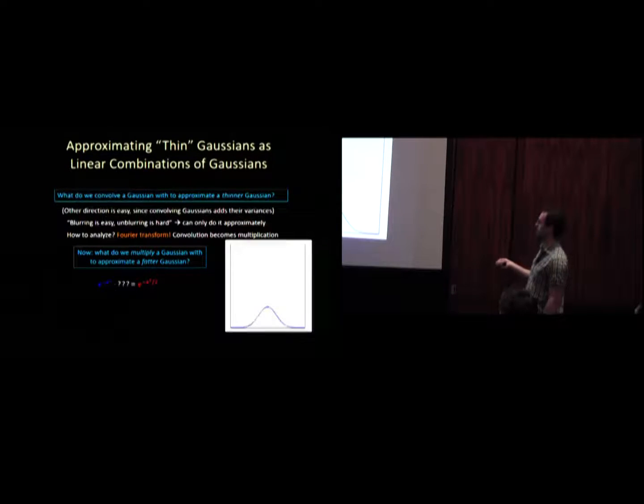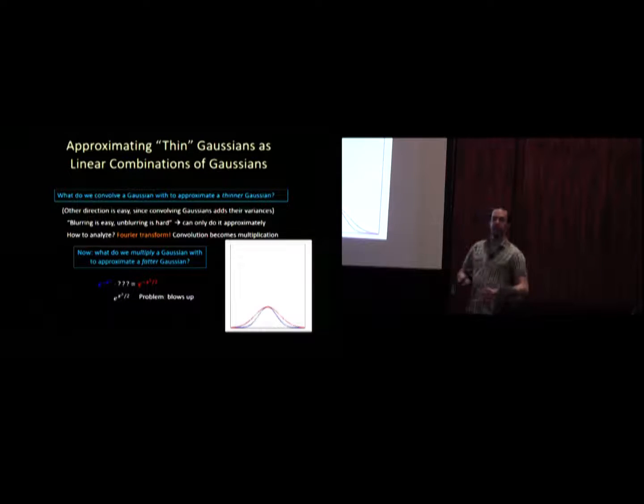Blue is e to the minus x squared. Red is some fatter Gaussian. And what do we multiply blue by to get red? Well, e to the x squared over 2. Trivial. The issue is that this black thing we want to multiply by blows up, and we can't go all the way to infinity. We can't do this approximation in general because we'll get infinities and we wanted boundedness.